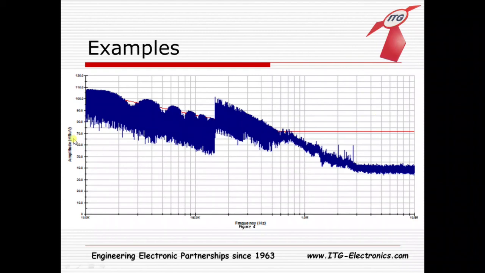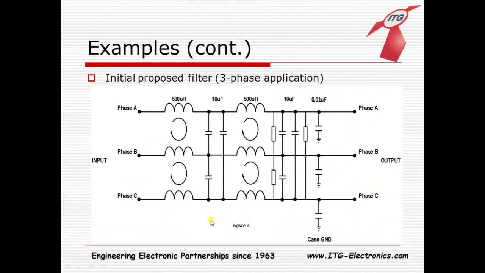So that's just some background on the test. On the left here, you can see this is the dB in dB microvolts of the amplitude of the noise. So we've got that scaling on the left here, and then the frequency range on the bottom in hertz, but it's in a log scale.